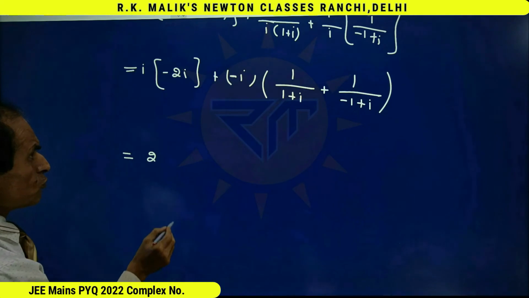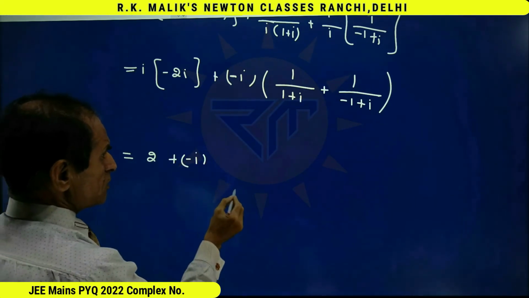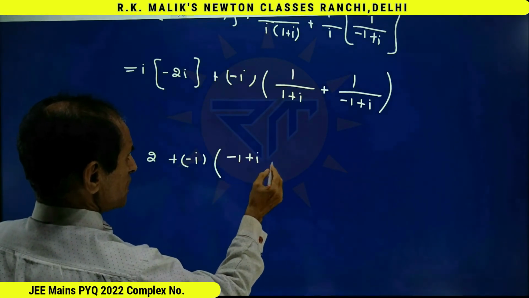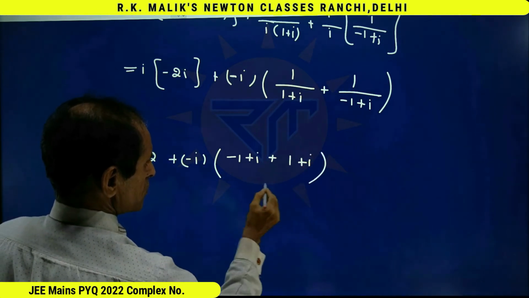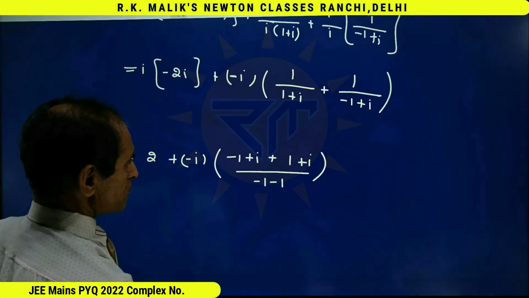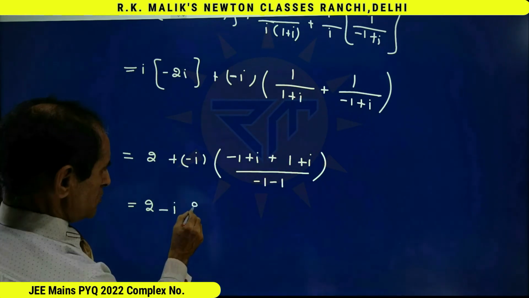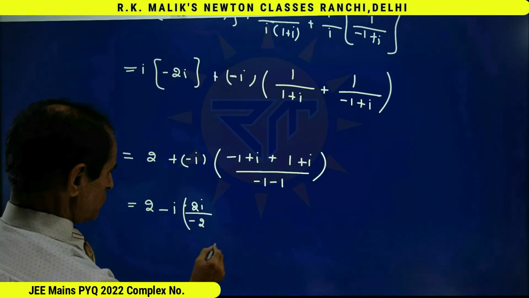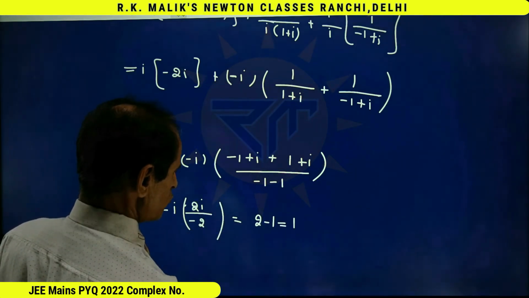This is equal to 2 plus minus i into (minus 1 plus i) plus (minus 1 minus 1) upon, that is 2 minus i into 2i upon minus 2, that is 2 minus 1 equal to 1.